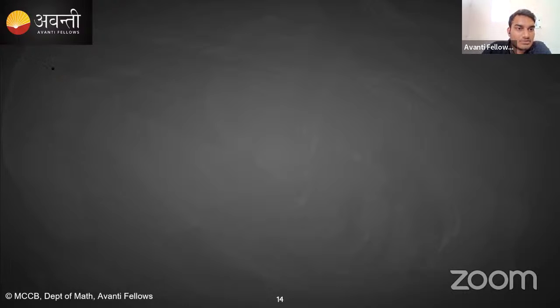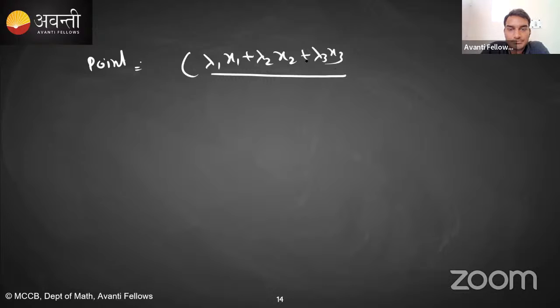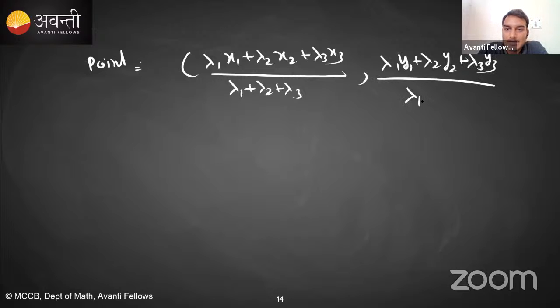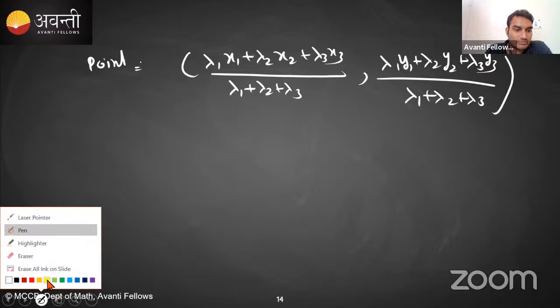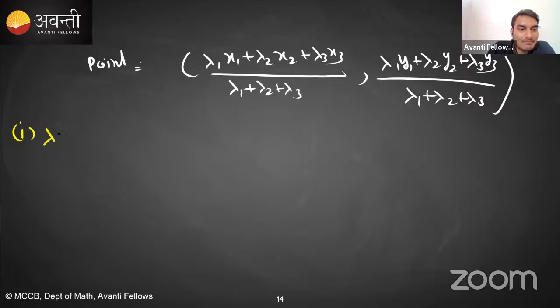Let's say the point is (lambda1 x1 plus lambda2 x2 plus lambda3 x3) upon (lambda1 plus lambda2 plus lambda3), comma, (lambda1 y1 plus lambda2 y2 plus lambda3 y3) upon (lambda1 plus lambda2 plus lambda3). Clear? First, if these lambdas are 1, it will become (x1 plus x2 plus x3) upon 3 and (y1 plus y2 plus y3) upon 3.